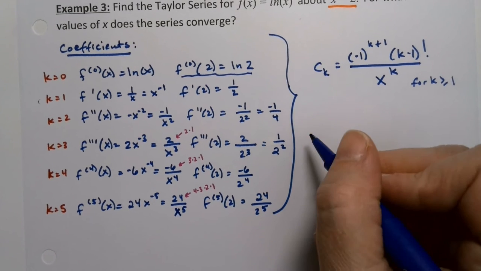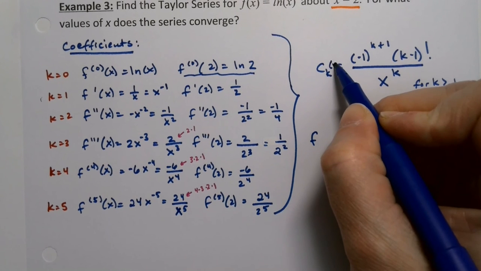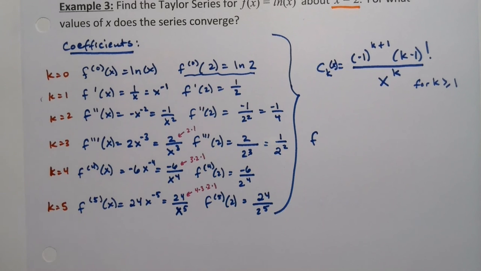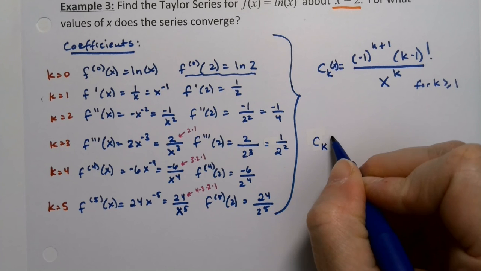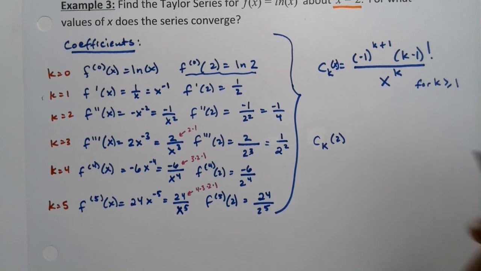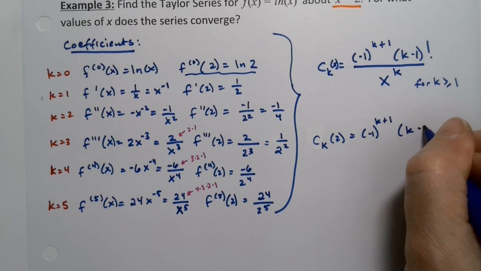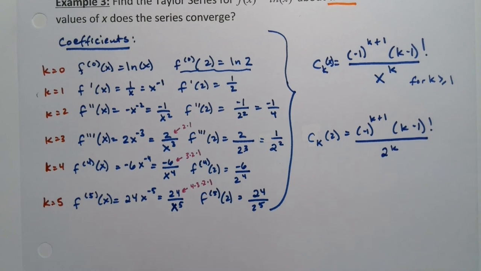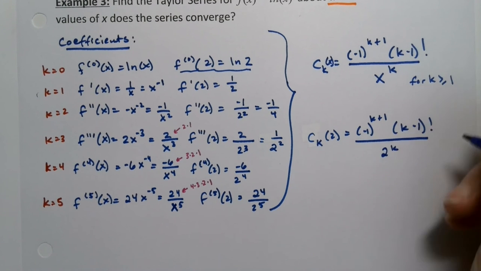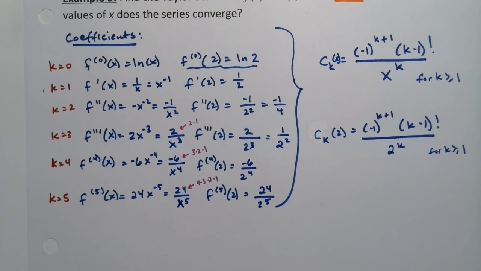Okay, so then when I put in 2, these are kind of the generic coefficients at x, but when I do the 2 value, it's going to be negative 1 to the k plus 1, k minus 1 factorial, and then 2 to the k, because that's the specific x value we're looking at. And again, it's for k greater than or equal to 1, because k equals 0 is kind of unique. We'll just make a little note.